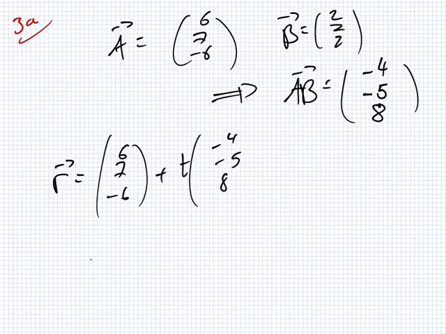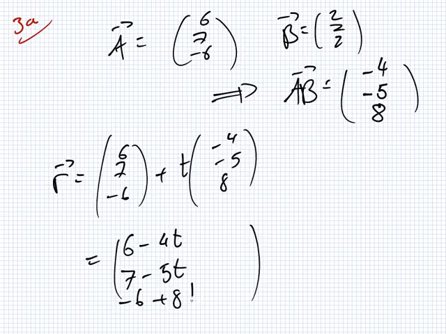If you wanted to simplify that, that would be 6 minus 4T, 7 minus 5T, minus 6 plus 8T. And again, when T is 0, it'll point to A. When T is 1, it will point to B. And when T is a half, it'll point to the middle. This is a section A question. It's typical to find the A and B and find the line.